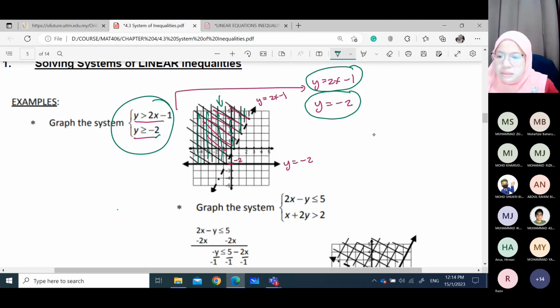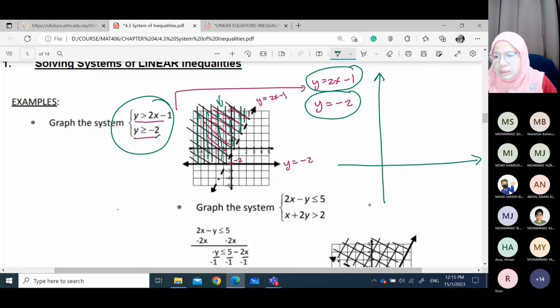Okay, right, so yang ini, graf kat tepi ni, so maknanya dekat sini kita ada dua graf lah. Yang pertama y equal to 2x minus 1. Sama juga cara dia untuk plot graph. Kita kena buat satu table tadi tu. So x, y. So you can start with any values of x. So let's say kita nak start dengan 0.